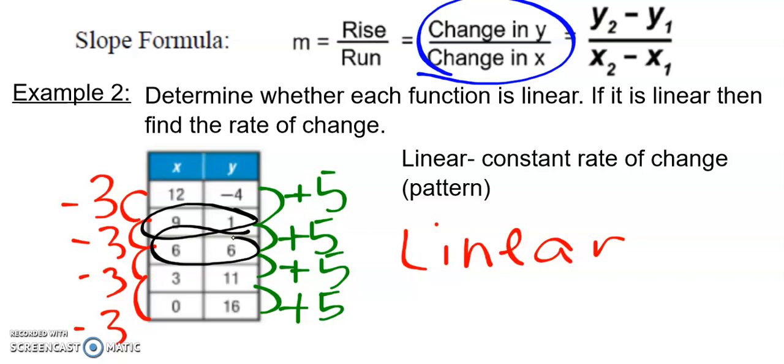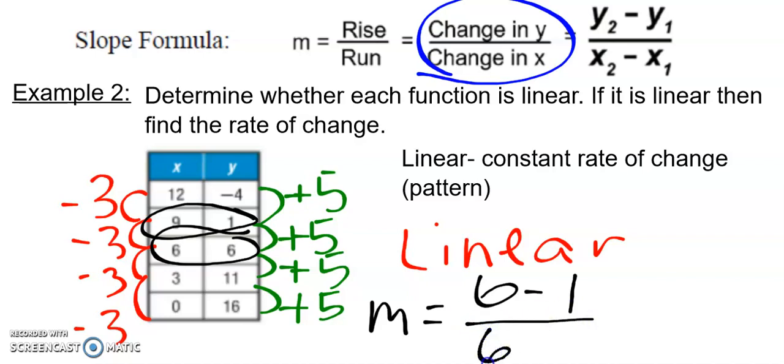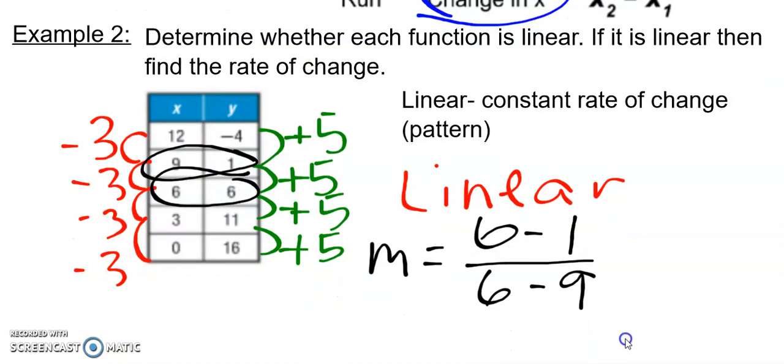It doesn't matter because it's linear. No matter what part of the table I pick, I'm going to get the same answer. Change in y, so I'm subtracting my y values. M equals 6 minus 1, those are my y values, divided by 6 minus 9, those are my x values.